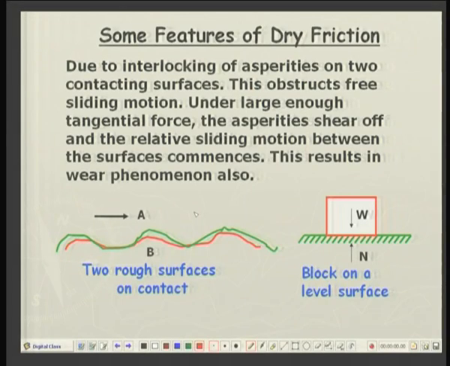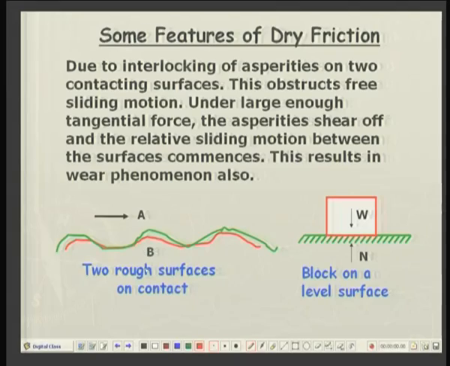Now, let us see what are the salient features of dry friction, how it is produced, and what causes this dry friction. Well, the two contacting surfaces, although they may look very smooth and plain, if you look at those surfaces under large enough magnification, then you will find that there is some undulation or roughness on each of the surfaces.